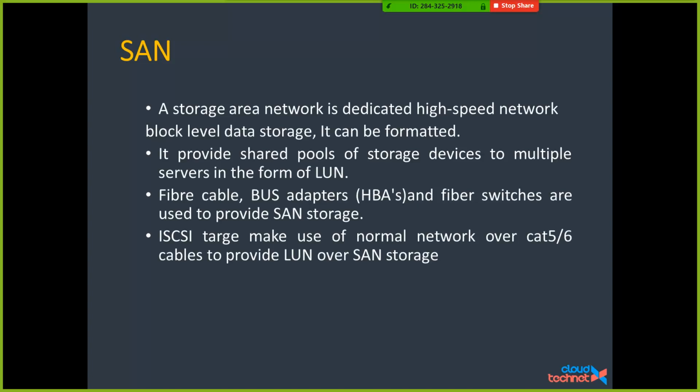If you are using iSCSI, that is Cat5 or Cat6 cable to connect to your SAN LUN, it is called the IQN address. Understood? Mostly these concepts are helpful when we are learning VMware technology and Citrix technology, which is basically the virtualization concept. They use a storage virtualization concept by using a SAN concept. Storage virtualization concept is nothing but the SAN concept. Any questions?